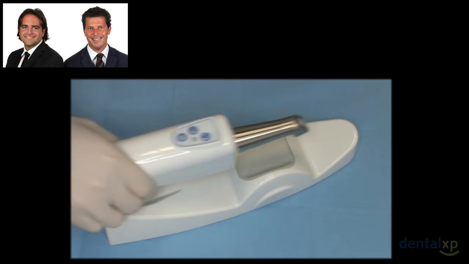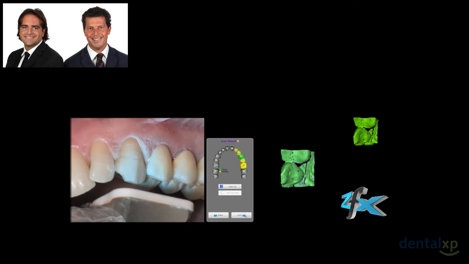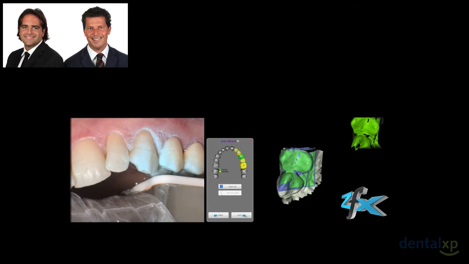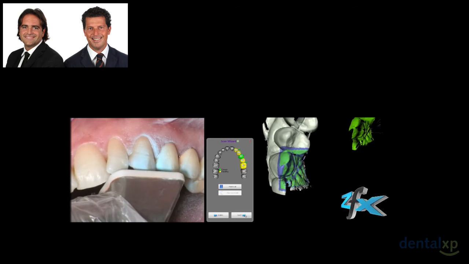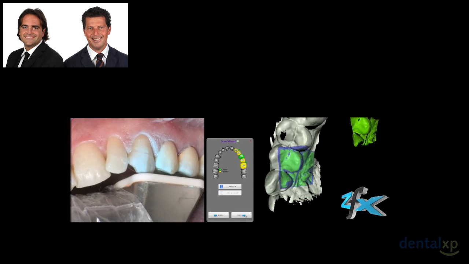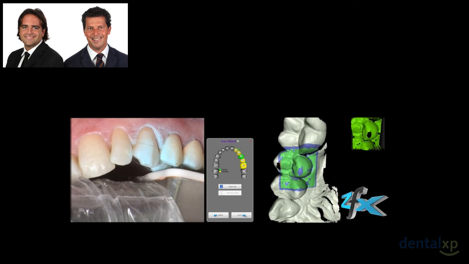Then we take the intraoral scanner in our hands and we start doing this nice and easy movement. You see, a very slow movement, and this on the left side is the clinical part, and on the right side you see exactly what we see on our computer screen, the 3D model that is generating.